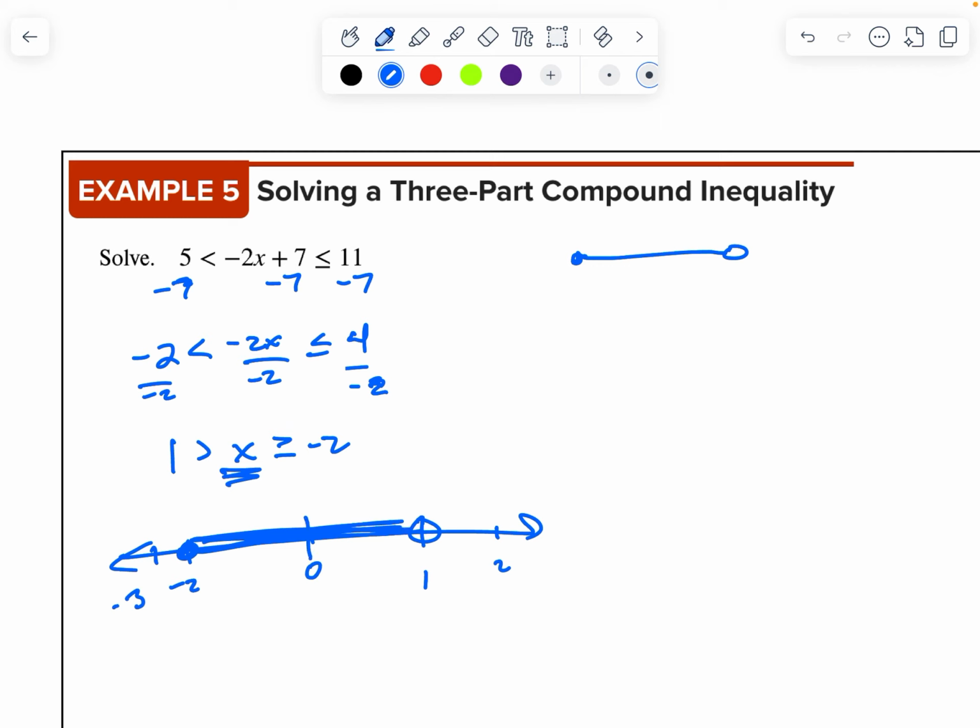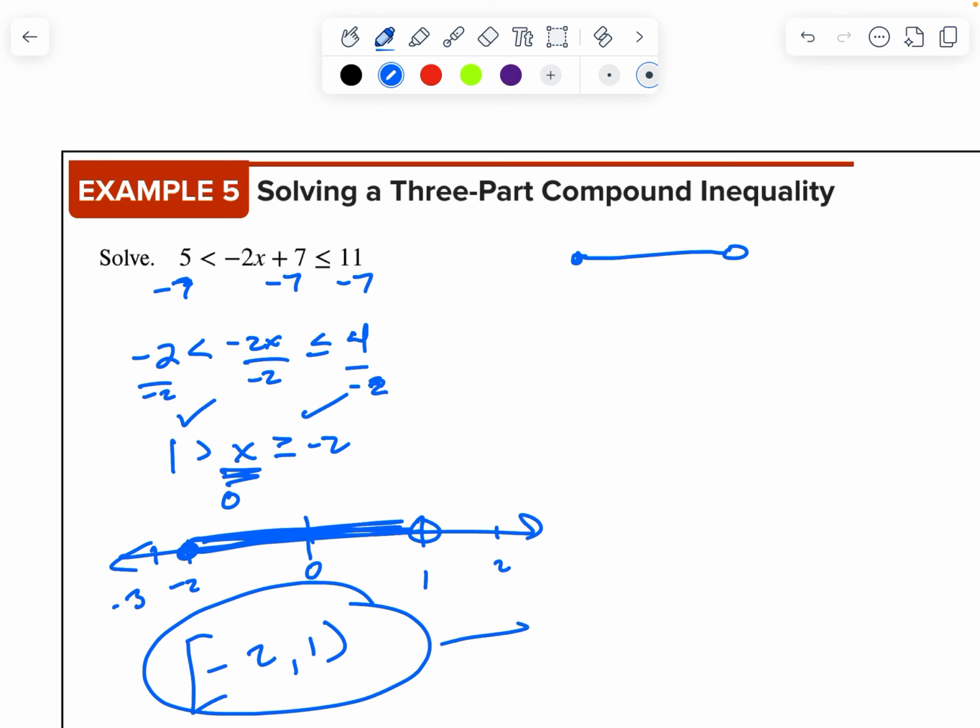You can check one of these numbers and make sure that it works. So 0, for example, is 1 greater than 0? Yes, it is. Is 0 greater than -2? Yes, it is. As long as it checks out with both sides, then it's good. And our interval notation here is everything from -2 to 1. The 1 is not included, but the -2 is. That's supposed to be a square brace. I apologize for my handwriting there.